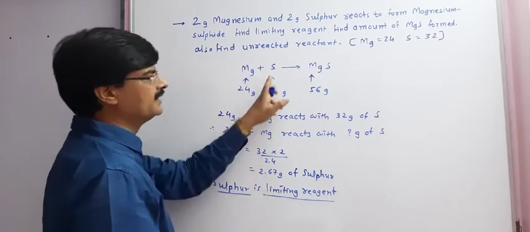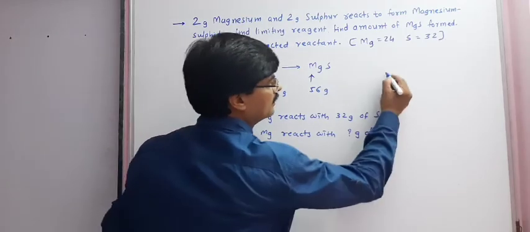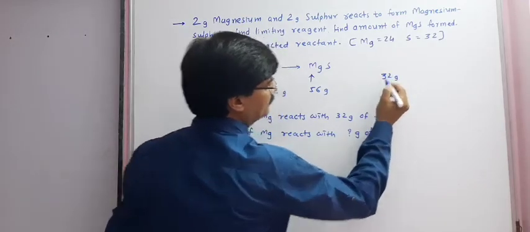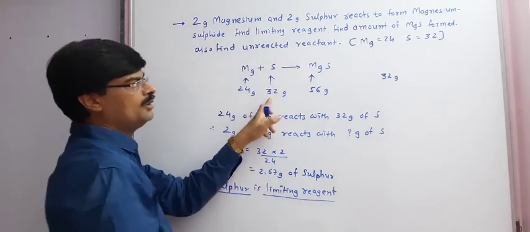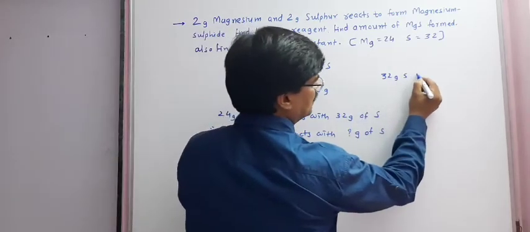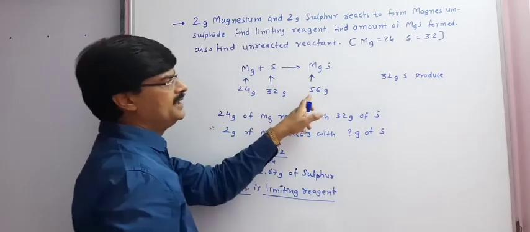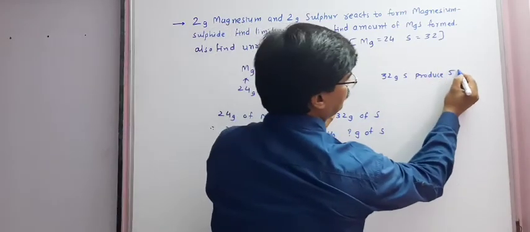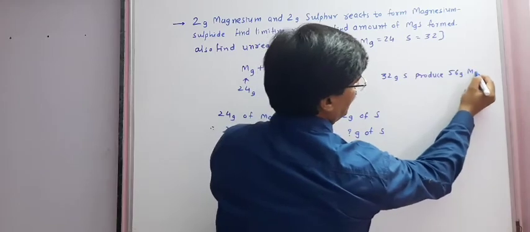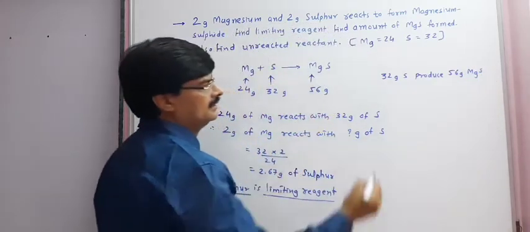And as I told that product's formation is always based on limiting reagent. So from this reaction we can write 32 gram of sulfur produce 56 gram magnesium sulfide.